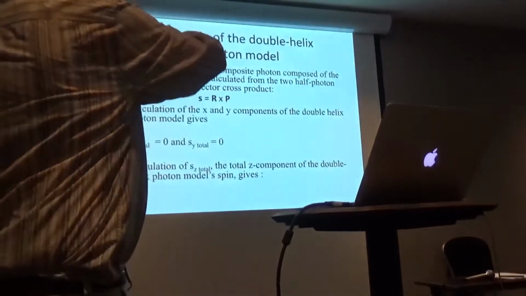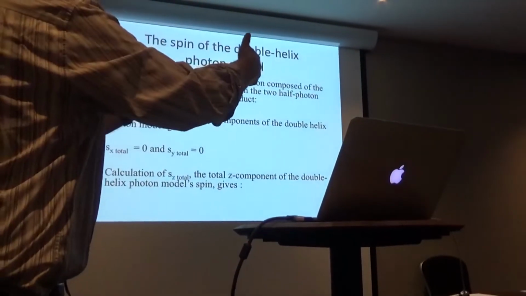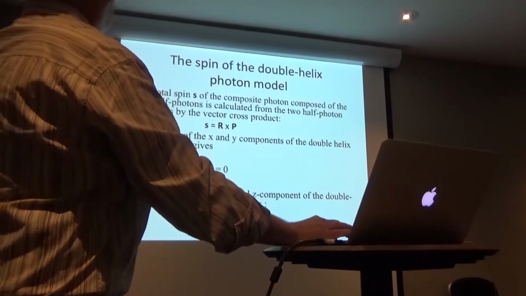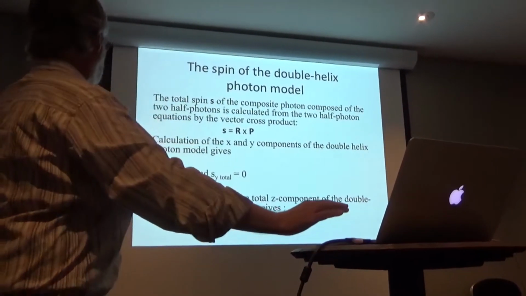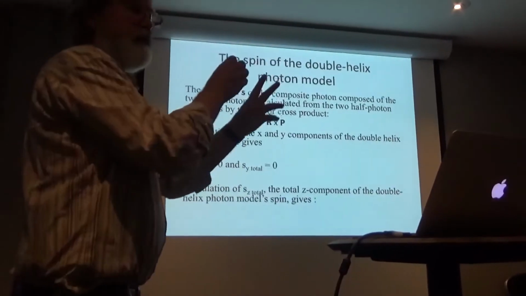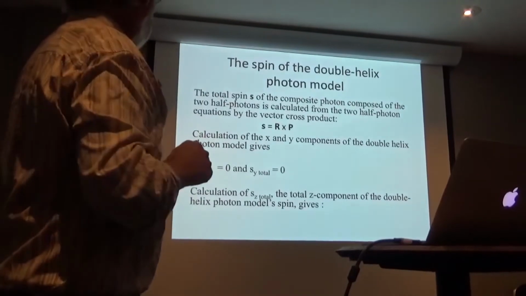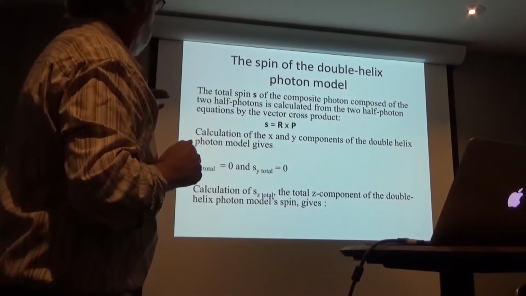Using those equations for the two half photons, if you calculate the spin of the combination, the x component of the spin total for both together comes out 0. You can calculate it, or you can kind of see by symmetry that it would be the case. The x and the y components of the spin are 0.